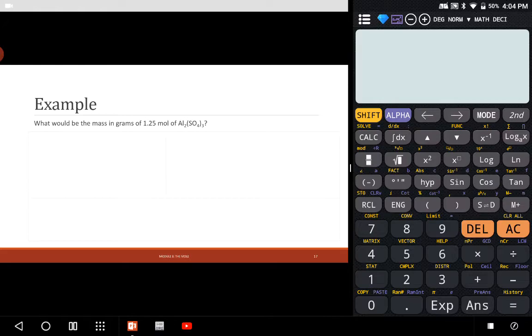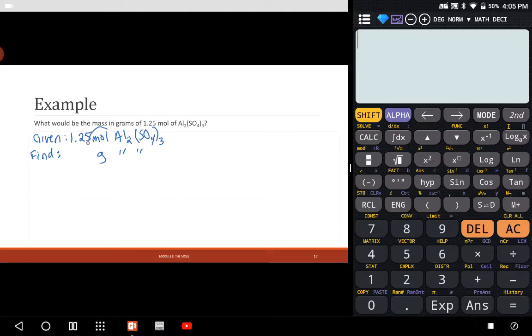So let's do an example. It says, what would be the mass in grams of 1.25 moles of aluminum sulfate? And so I am given 1.25 moles of Al2SO4 and I'm being asked to find grams of that same substance.